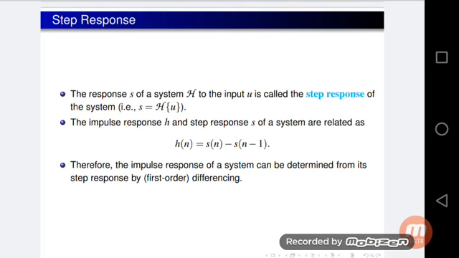Next one is step response. Step response means s equals capital H of u. The response s of a system H to the input u is called the step response of the system.